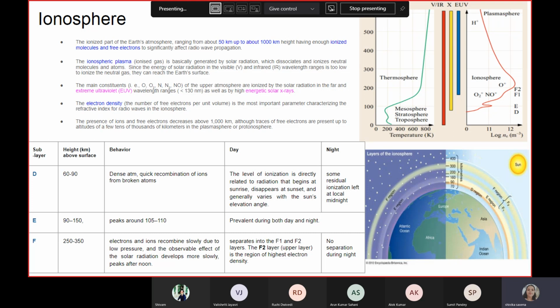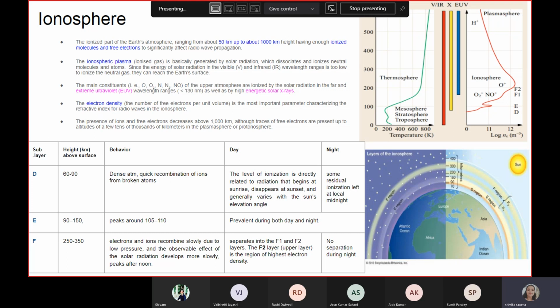Where do we get these free electrons? We obtain them because of the phenomenon of ionization of the constituents of the atmosphere, that is, molecules of oxygen, nascent oxygen, nitrogen, and nitrogen oxide.